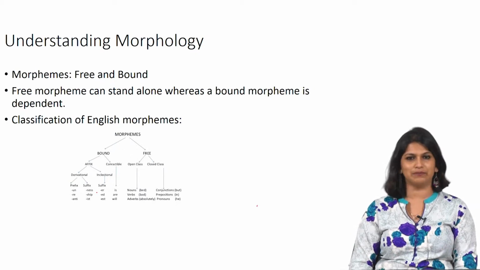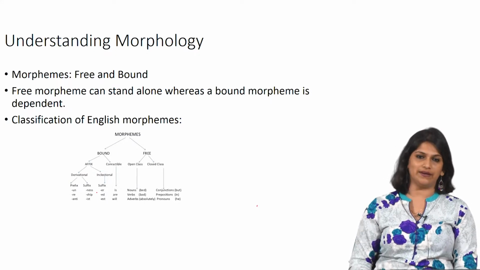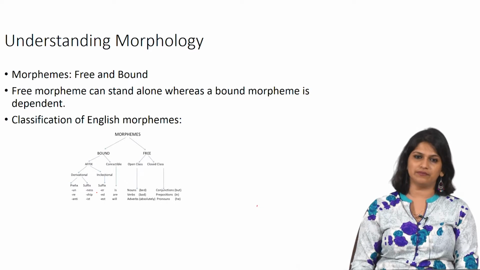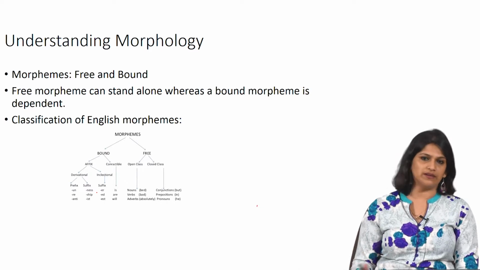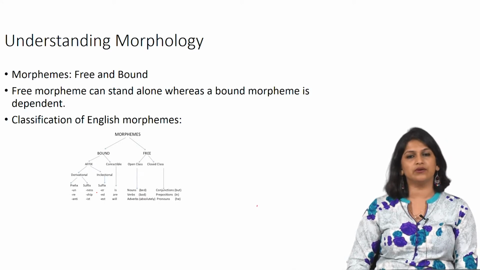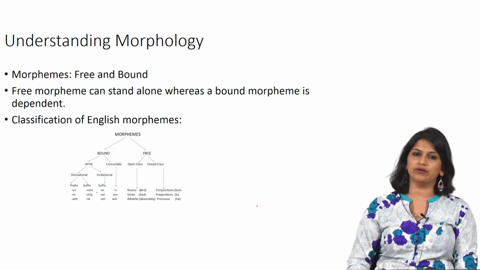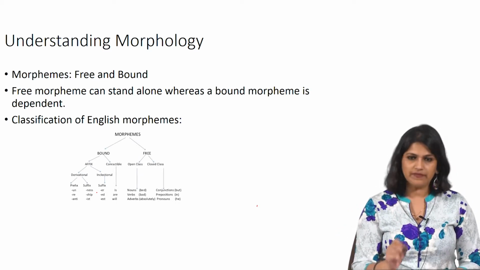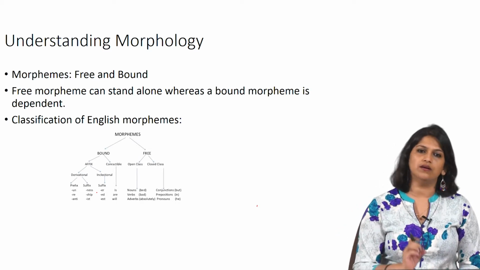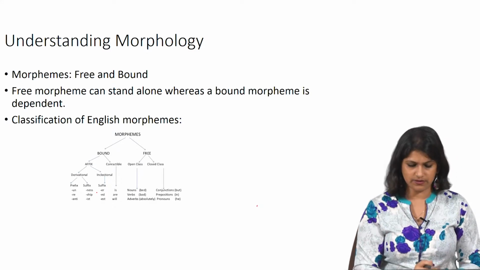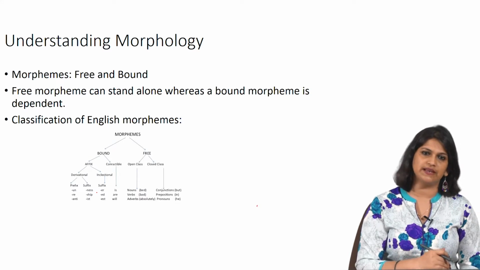I'll come back to complexity in a while. From a layperson's perspective, if there are many morphemes found in a word, you can call it complex. But then it depends on the nature of the morpheme, whether you are going to call it a complex word or a compound word. That is a different story altogether. For the moment we will work on some complex words which will have multiple morphemes, with prefixes and suffixes also.